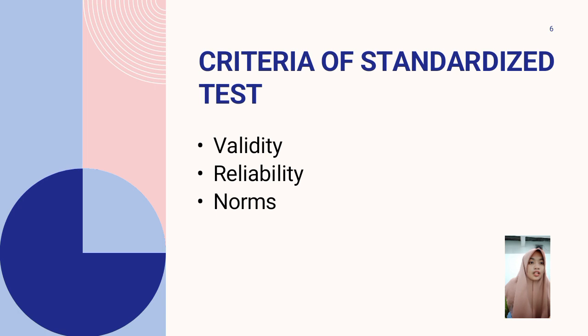On the other hand, if the norms of a verbal ability test were based on a reference group composed of native English speakers and the examinee speaks English as a second language, his score could not be fairly compared to the norms established by the test.